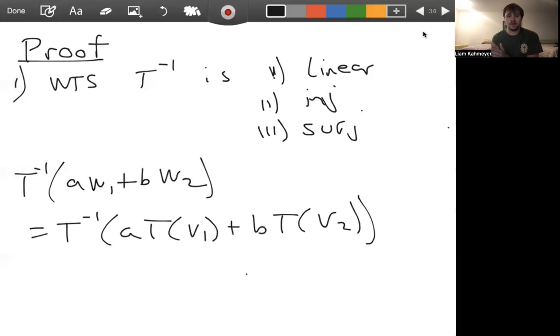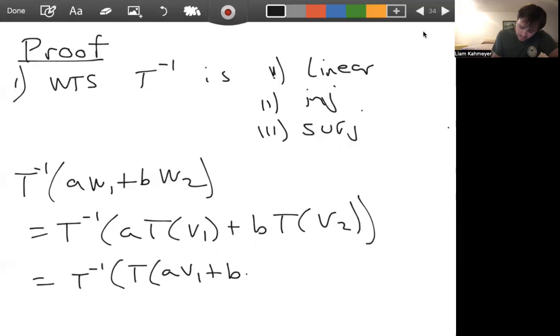Because it's a surjection, for every element W1, W2 in the codomain W, there exist V1, V2 respectively, such that, right, that's the surjective property. Now, we also know that since T is an isomorphism, T is linear, which means we have T inverse of T of A V1 plus B V2. That's the linear property of T because it's an isomorphism.